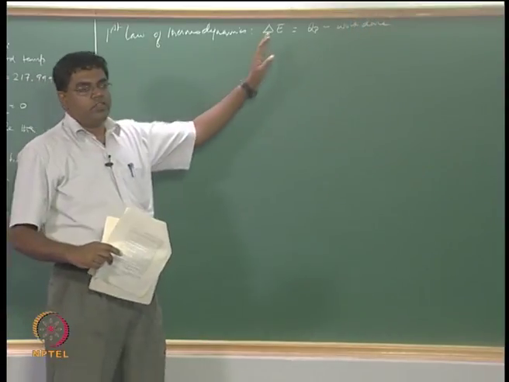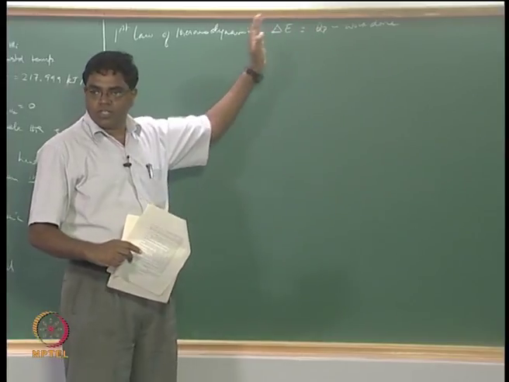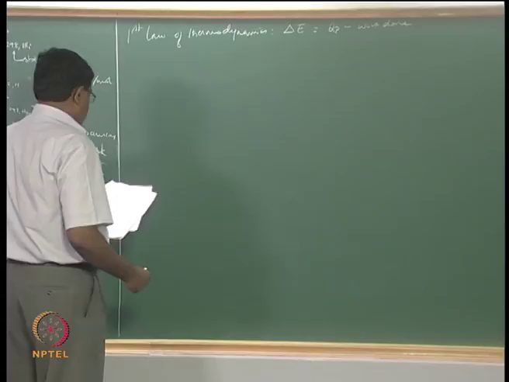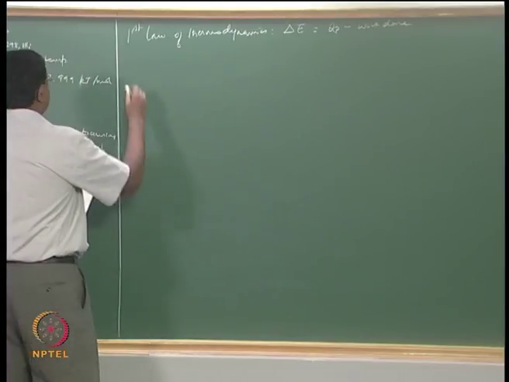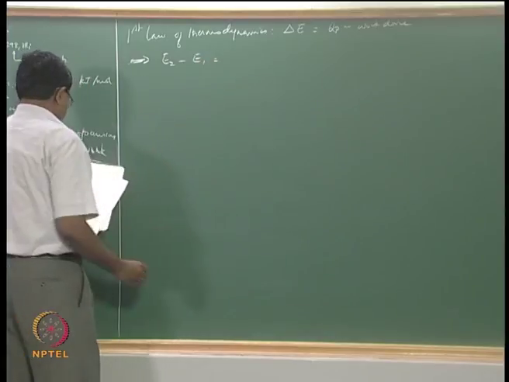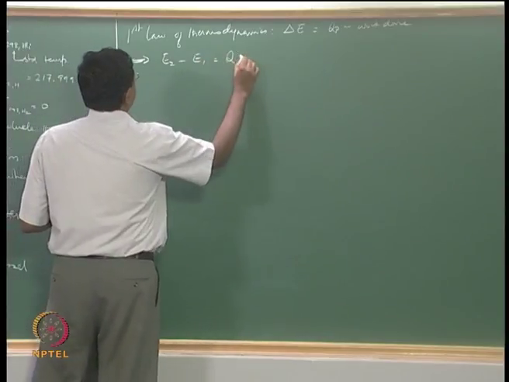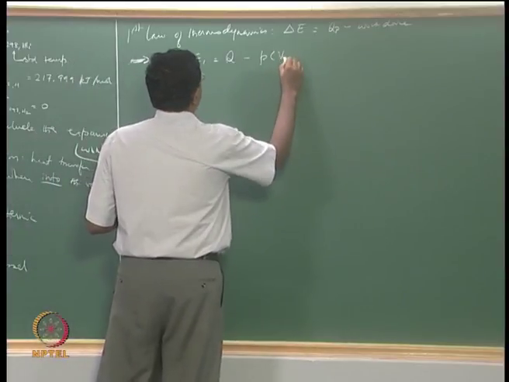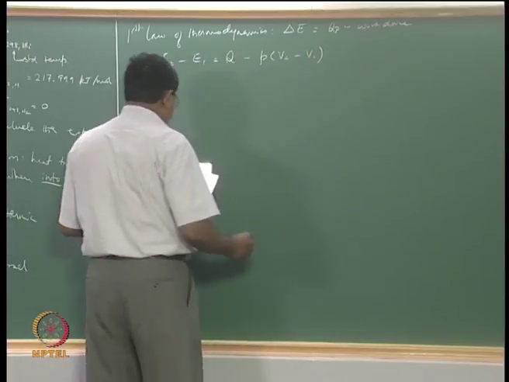You could write it the other way, that is, the heat is equal to delta E plus the work done, and this means E2 minus E1 is equal to QP minus P times V2 minus V1.